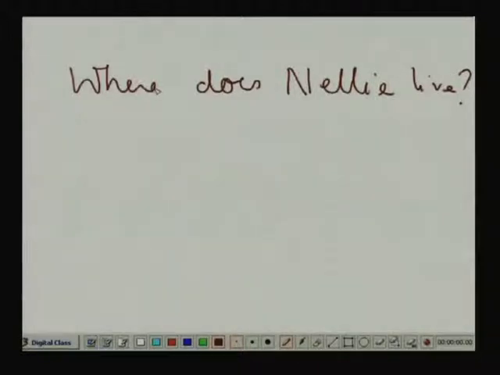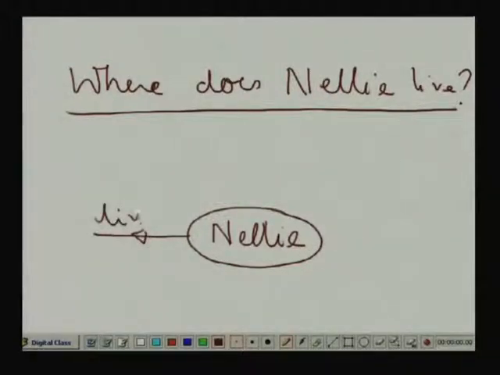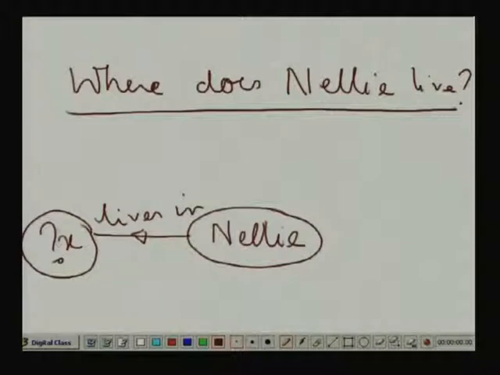Now, this question can be translated into a form of a semantic net, where I have got Nelly lives in some value which is not known. I could have put a query mark or I could have put x. Now, what is the value? I want to instantiate this particular value. I want to find the value of this value from the net.